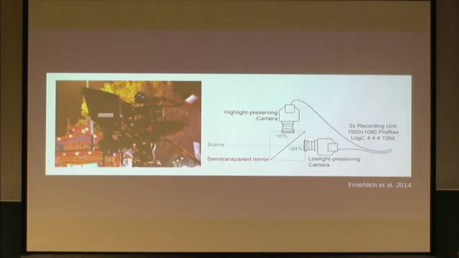How did they do them? In this setup, you have 2 cameras, one camera here, another camera there, and this is a semi-transparent mirror. So you have light coming in here. 94% of the light goes to this camera, and 6% goes there. And they're perfectly aligned and synchronized, so they take frames at the same time.